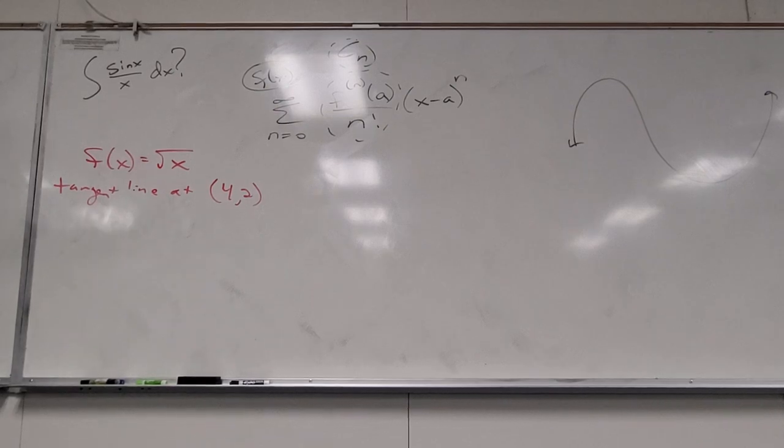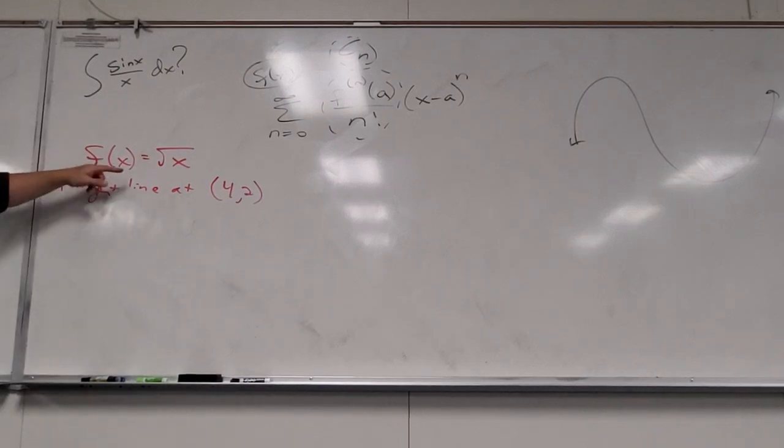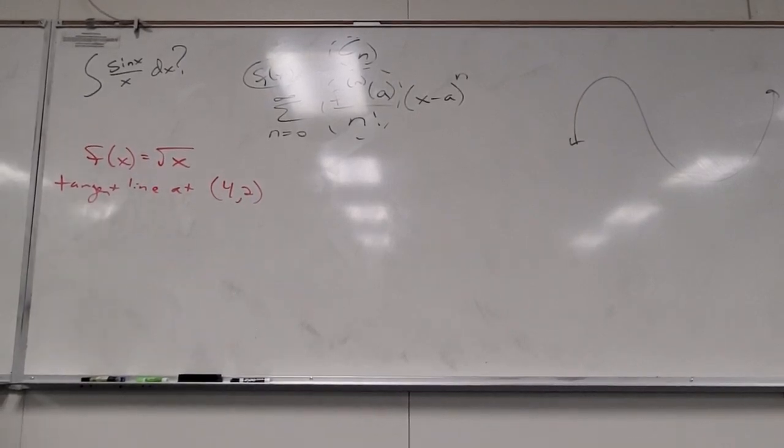How would you do this? This should be a gimme problem. In fact, you do it right now. I want the equation of the tangent line to this function at that point. If you forgot, we'll talk about it.